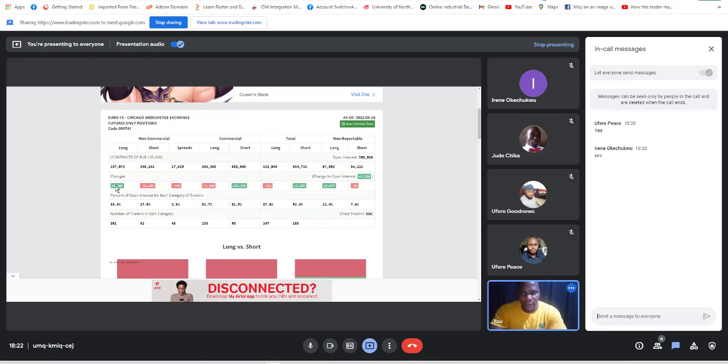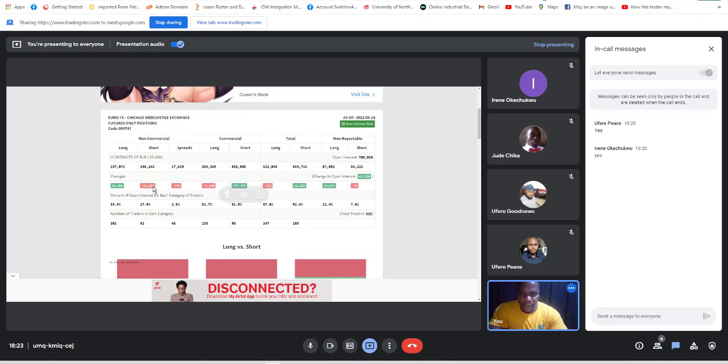In other words, this change here under the long, which says 6,302, is telling us that 6,302 euros have been bought and added to the position that we had last week before this one. In other words, the euro is becoming strong. There is more buying on the euro.